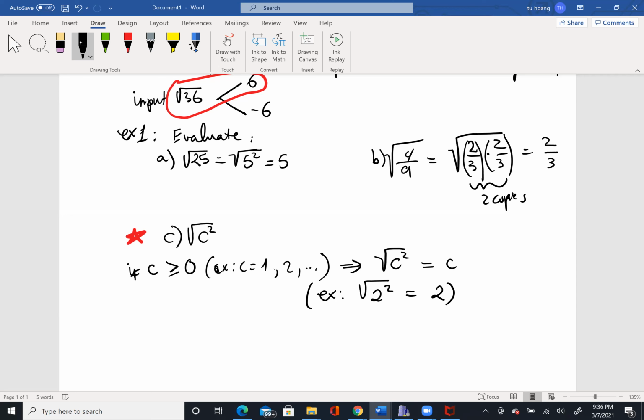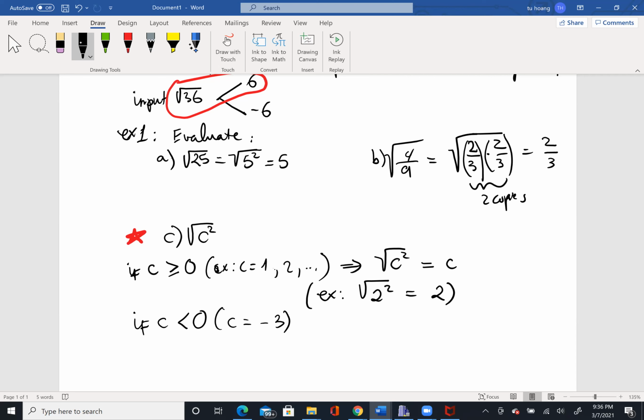Now, that is one case. What about if c is less than 0? What happens? Say c equals, maybe, negative 3.